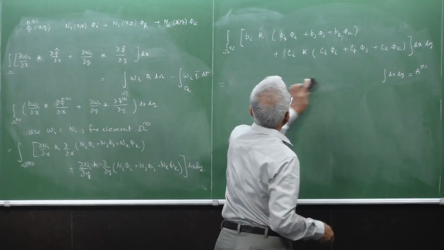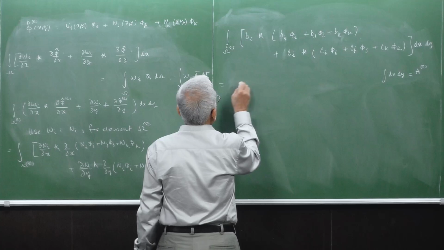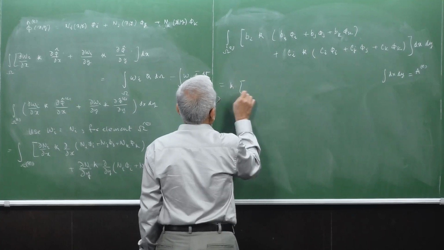In fact, we can even combine it. Let's combine it because there is a phi i occurring here. So k we will take out.